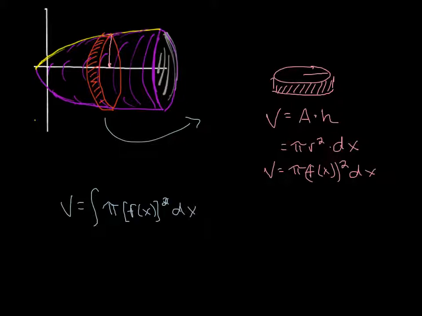Now, since pi is a constant, approximately 3.14, we can bring that outside the integral. So basically, when you're trying to find the volume of a solid using the disk method, you're going to do pi times the integral of whatever your radius squared is times your change in the variable.